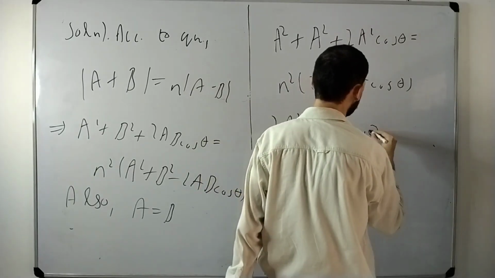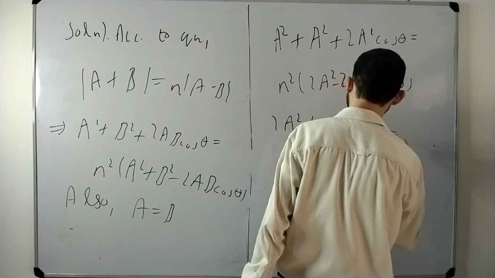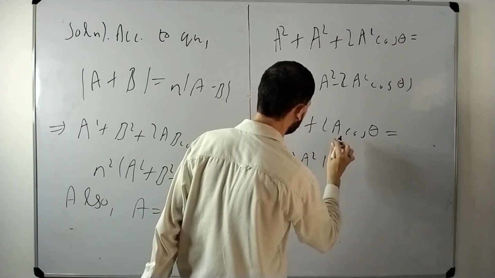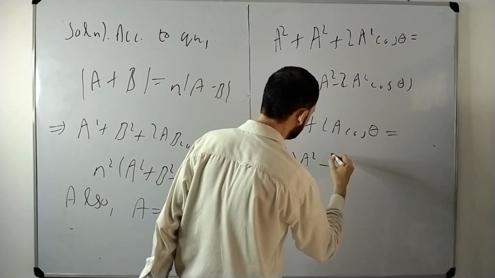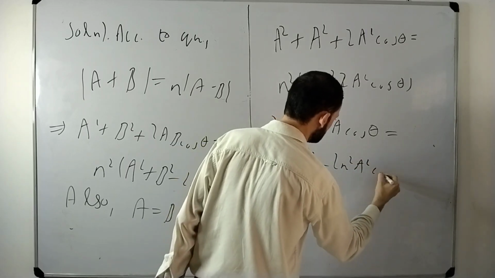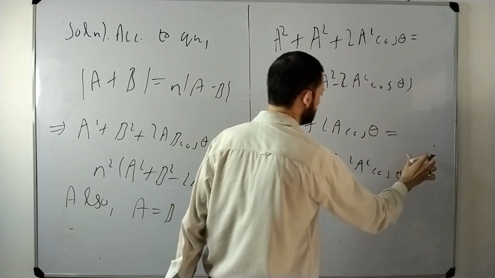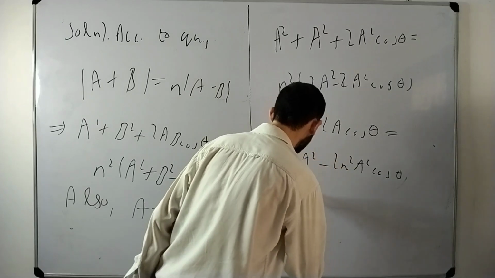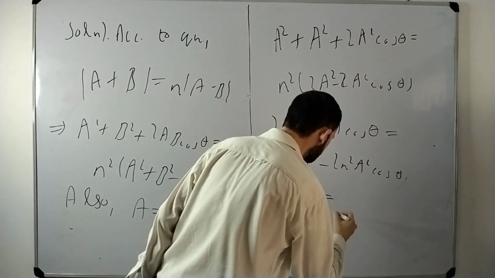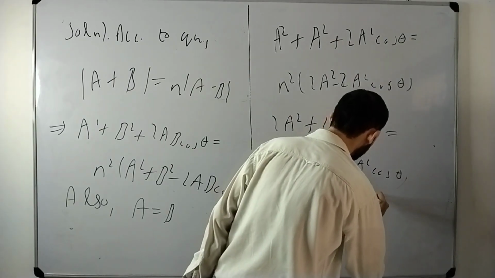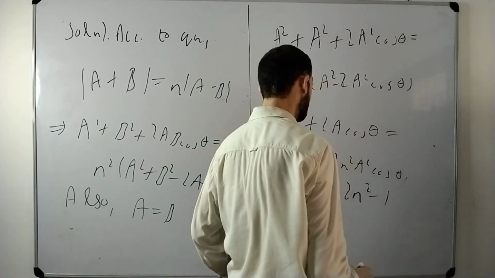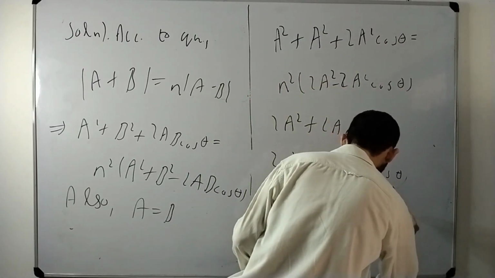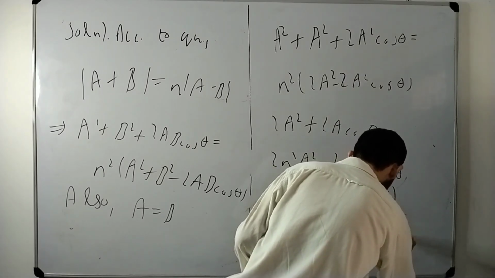And this is 2n square A square minus 2n square A square cos theta. Take the cos theta terms in one place and the rest in the other place. This becomes cos theta equal to n square minus 1 over n square plus 1.